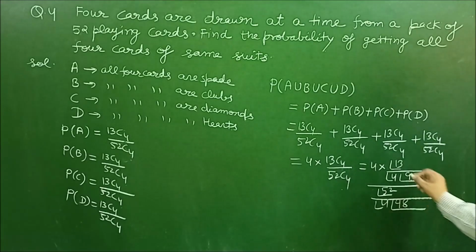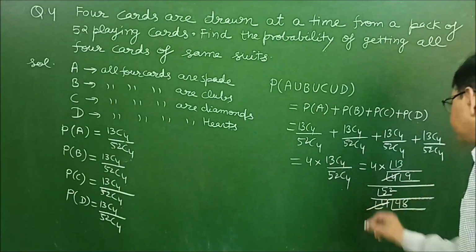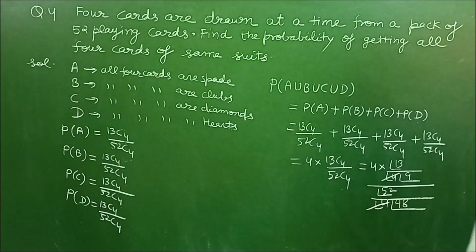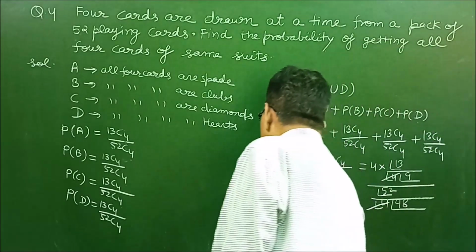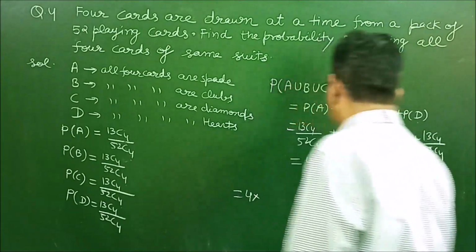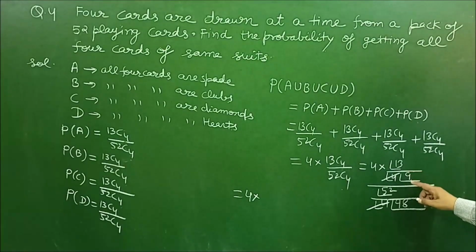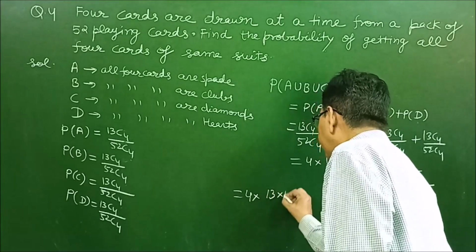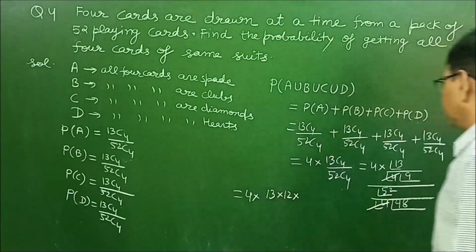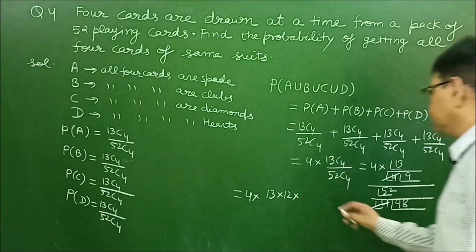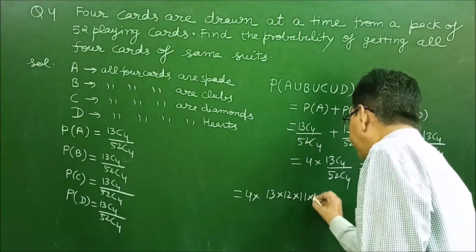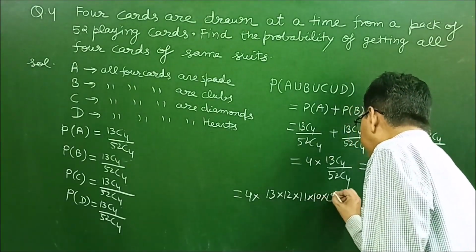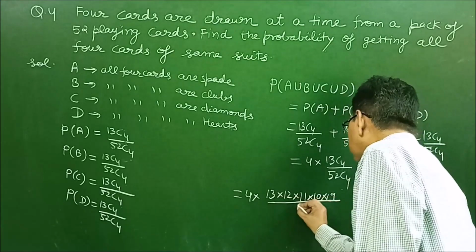Now let us solve this. Factorial 4 and factorial 4 is cancelled here. So if we solve it further, this is equal to 4 into factorial 13 upon factorial 9, that is 13, 12, 11, 10 and then factorial 9 upon factorial 9.